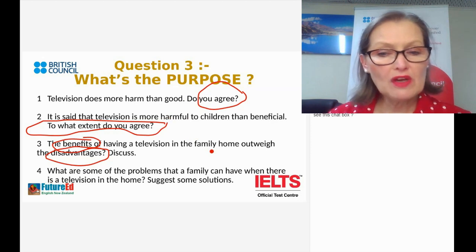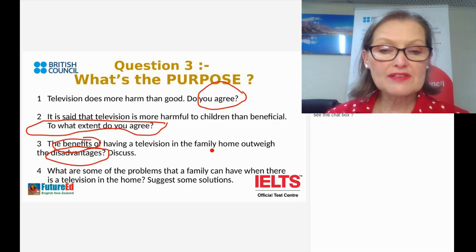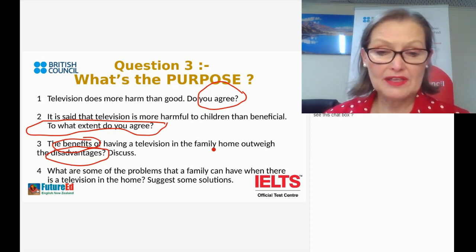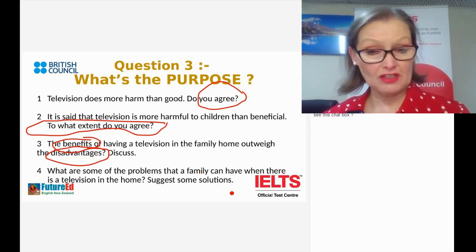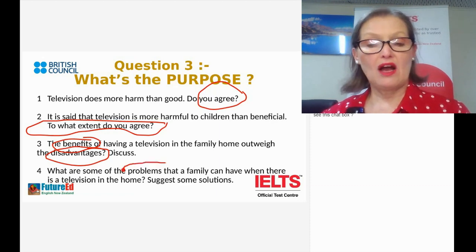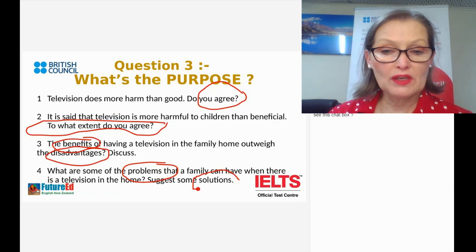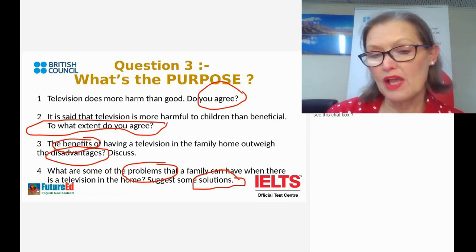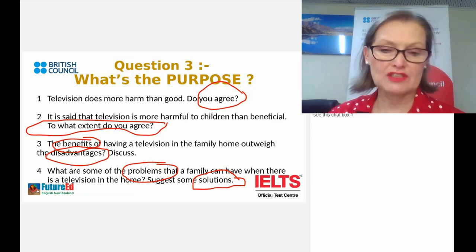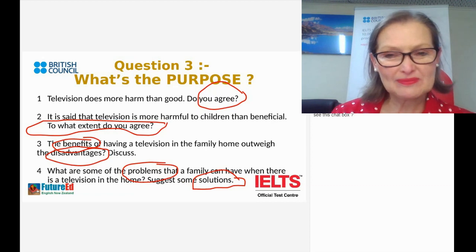So very often my main points could be the same, but the language I use to write the essay will be slightly different. In essay number 3, I need to talk about an advantage, a second advantage, and on the other hand, a disadvantage. But in essay number 1 and 2, I need to talk about arguments for and an argument against having a television in the home.